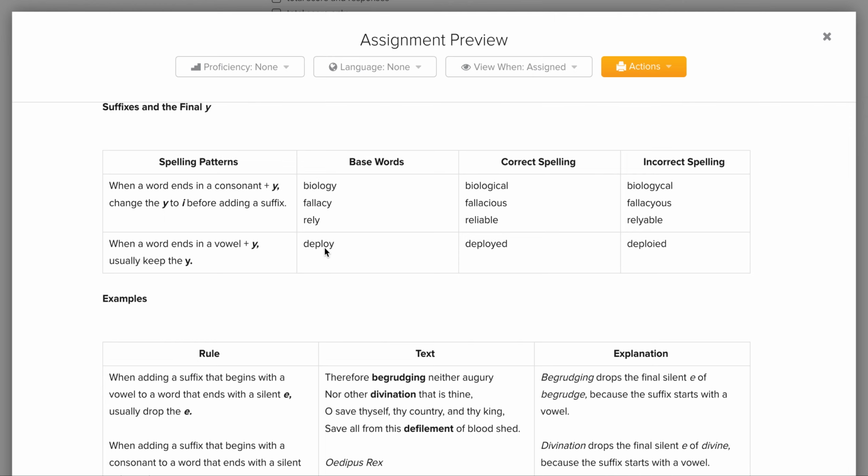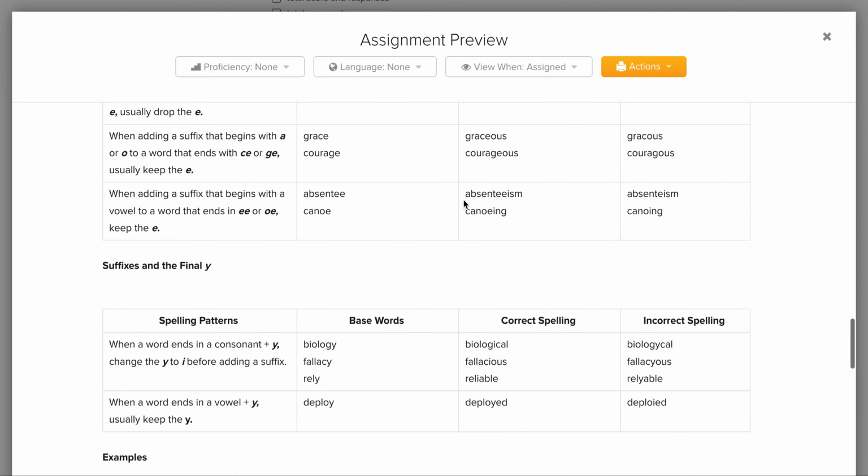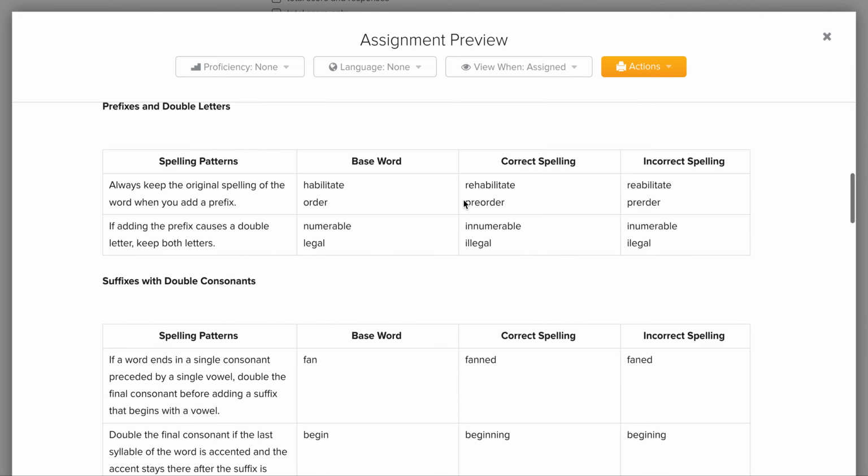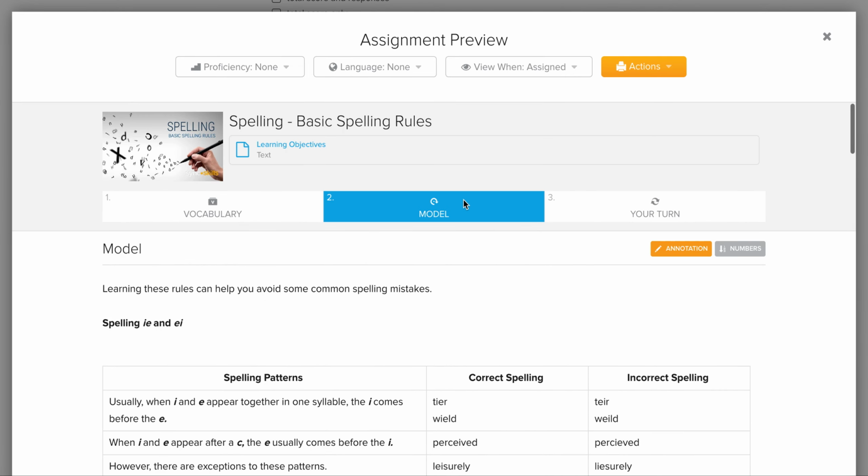In this case, deploy. An O precedes the Y, so you would keep it a Y when you add the suffix. So this kind of stuff can get pretty confusing and pretty tricky. I would say just take your time and read through this stuff, and hopefully it makes sense.